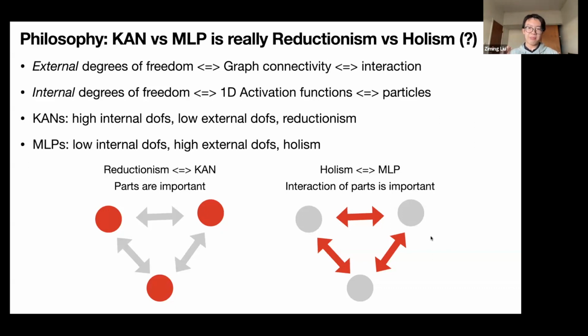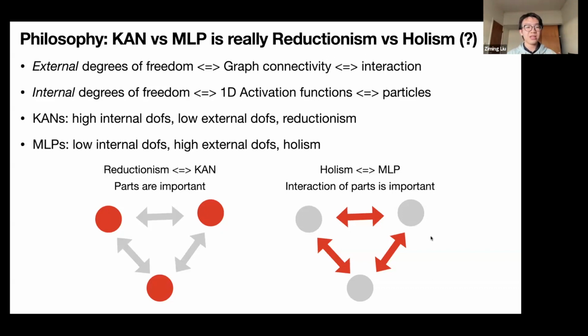So from this perspective, this distinguishes the philosophy of KANs and MLPs. For KANs, because each activation function is learnable, this highlights the importance of each individual part, plus some simple interaction between the parts.